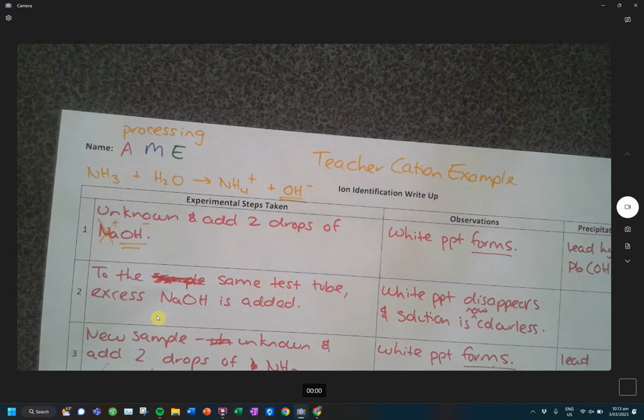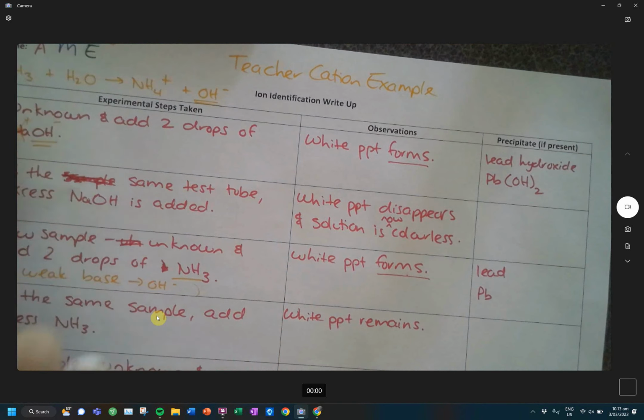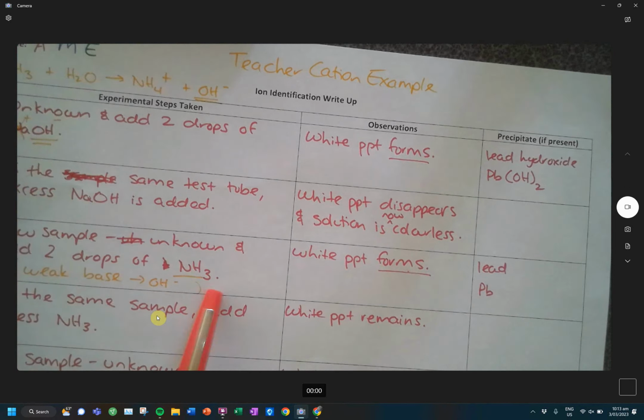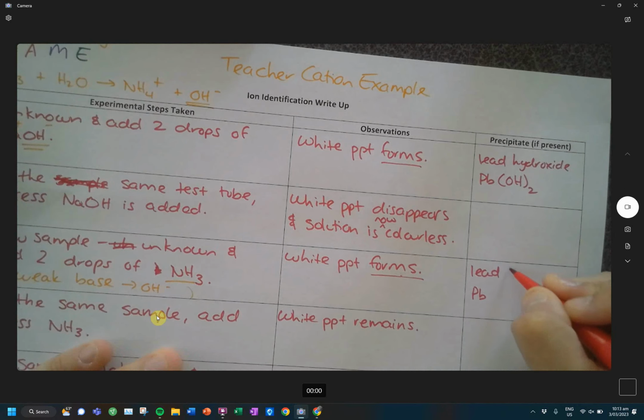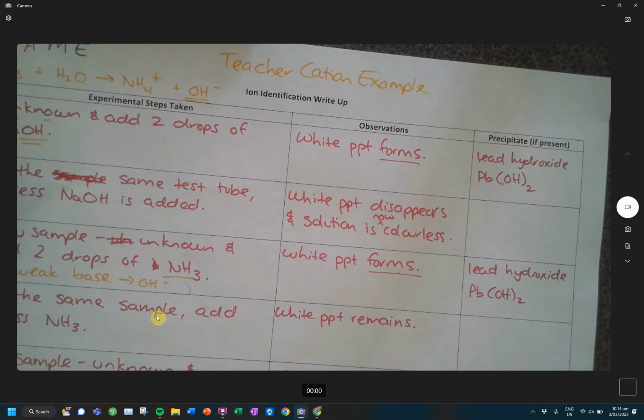Are we okay with that? So whatever you have for the sodium hydroxide, you're going to have the same thing with this 2 drops of ammonia. So I'm going to write lead hydroxide again. It was the same precipitate, funnily enough. So that's lead hydroxide.